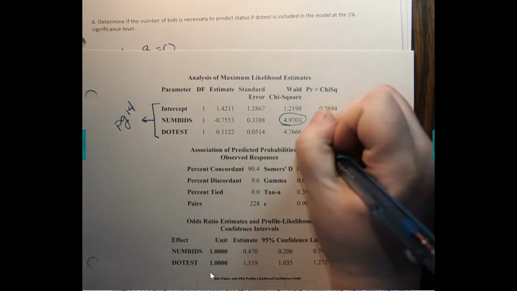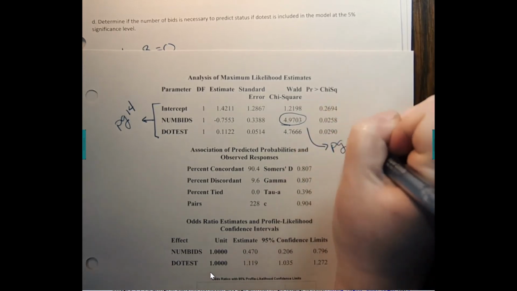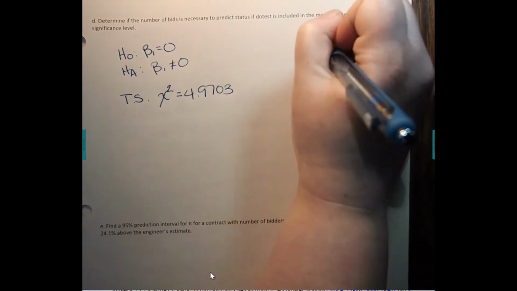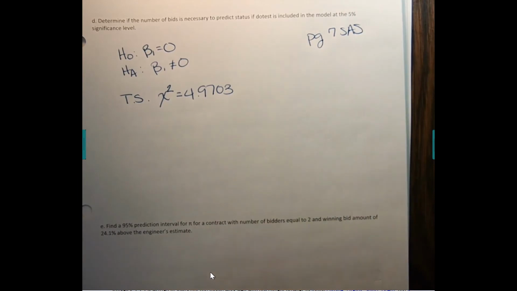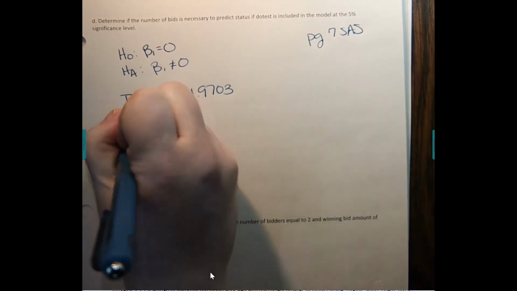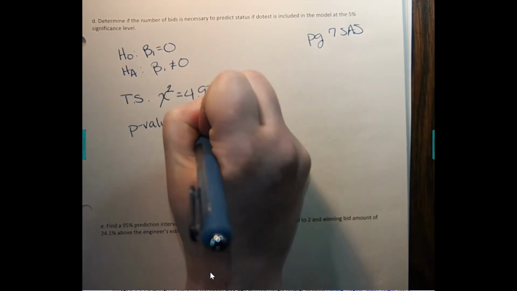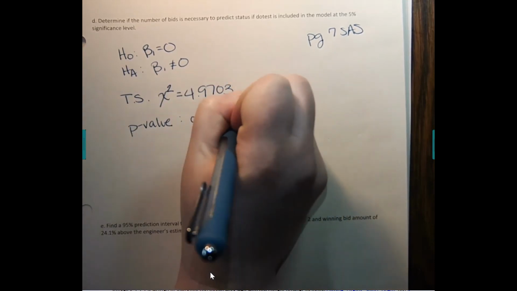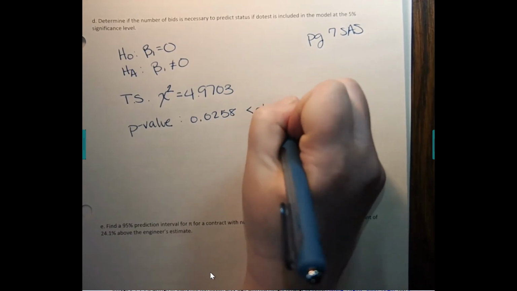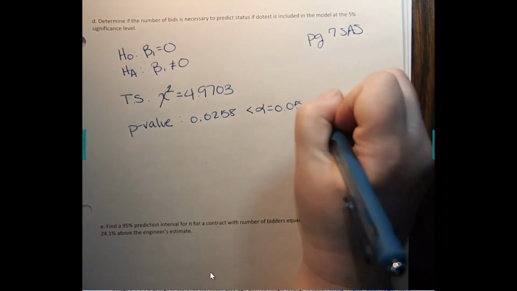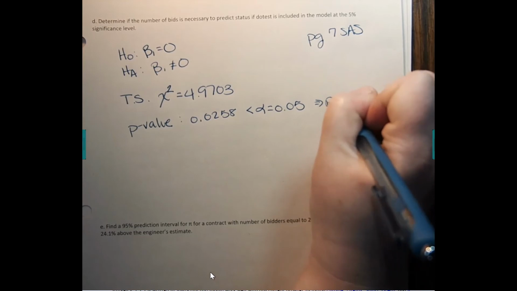That's going to be the test that we use. Notice that this results in a p-value of 0.0258, which is less than alpha equal to 0.05. So we would reject H0.